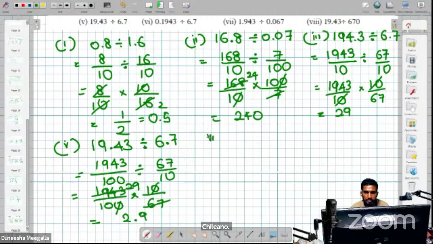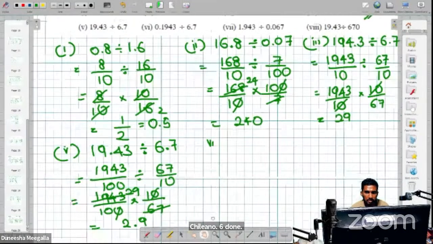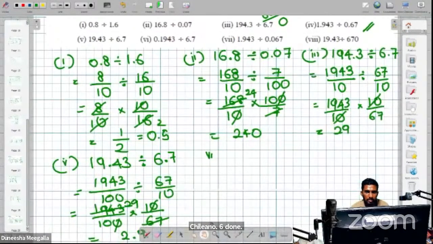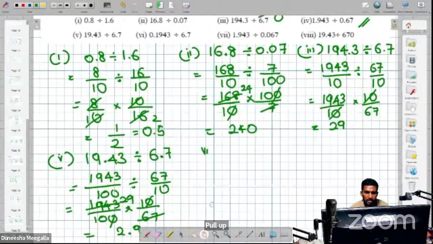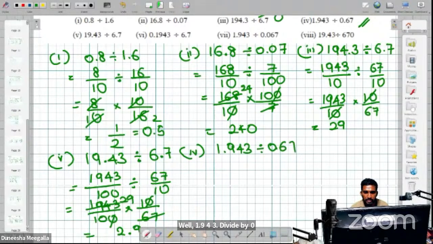Sixth one. I skipped the fourth one, didn't I? I did the sixth one and skipped the fourth one. Let me do the fourth one. 1.943 divided by 0.67.